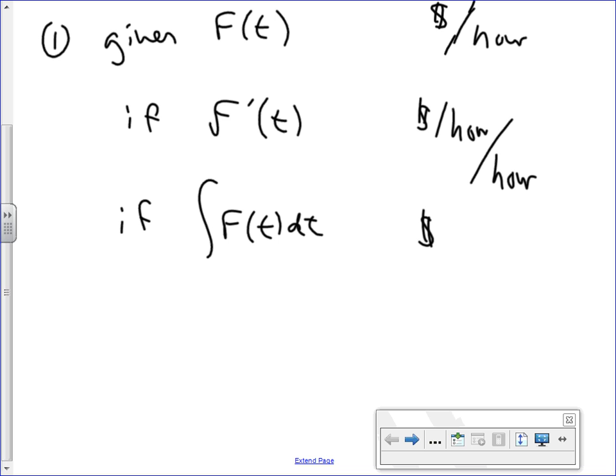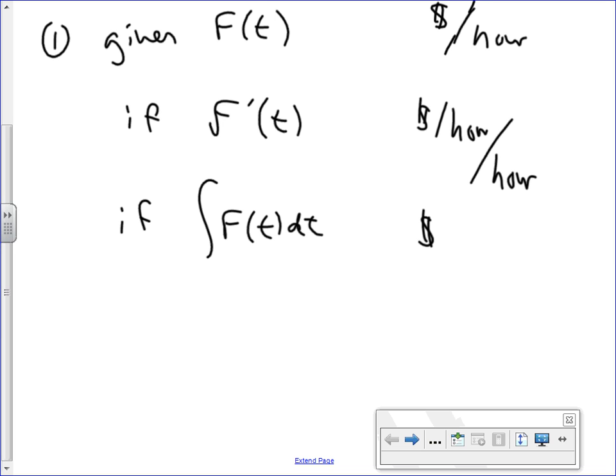Do I have any questions about that? Okay. So again, this original function does not have a prime on it, but it is defined as a rate of change. Then f prime would be dollars per hour, and the antiderivative of f of t would be just in dollars.